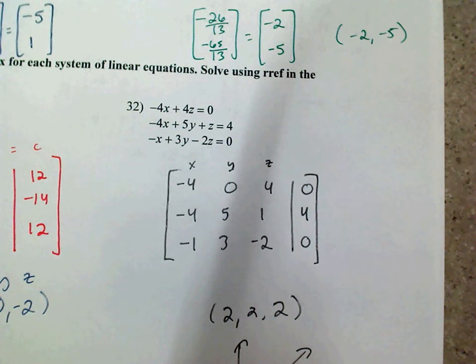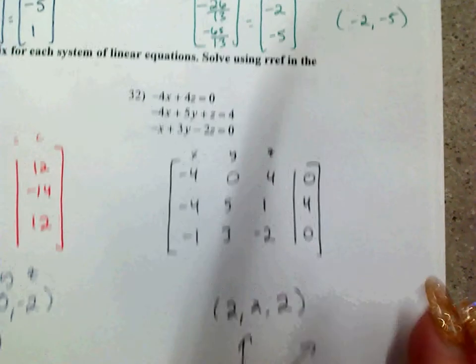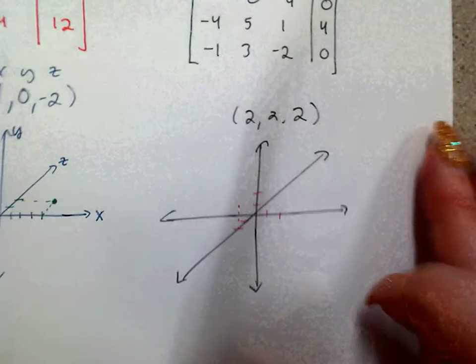I'll have to show you. Let's see. Oh, how did I draw those? Not that you can even see. You come forward 2, and then you go up 2.